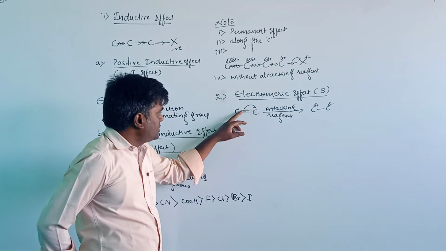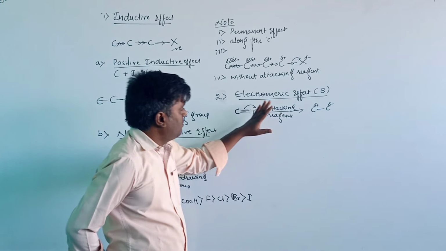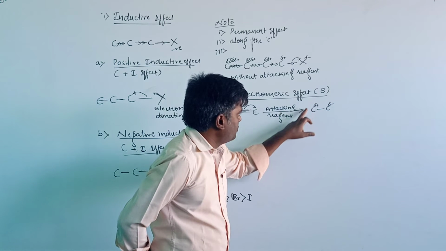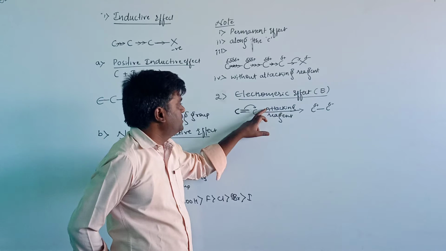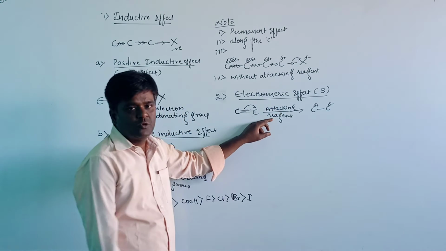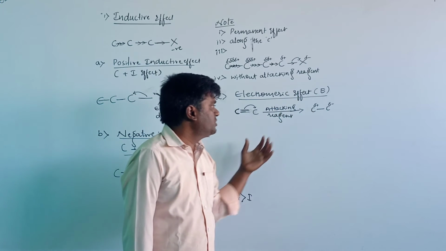The polarity produced due to the displacement of pi electrons in the presence of an attacking reagent is known as an electromagnetic effect. Once again I will tell the definition here.